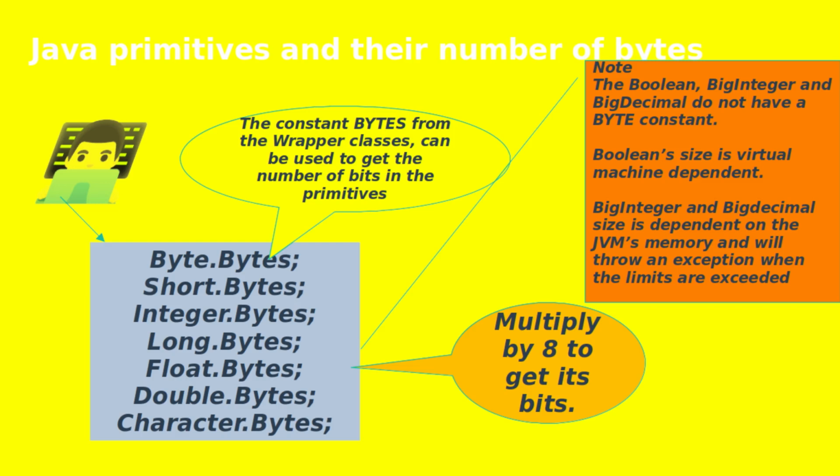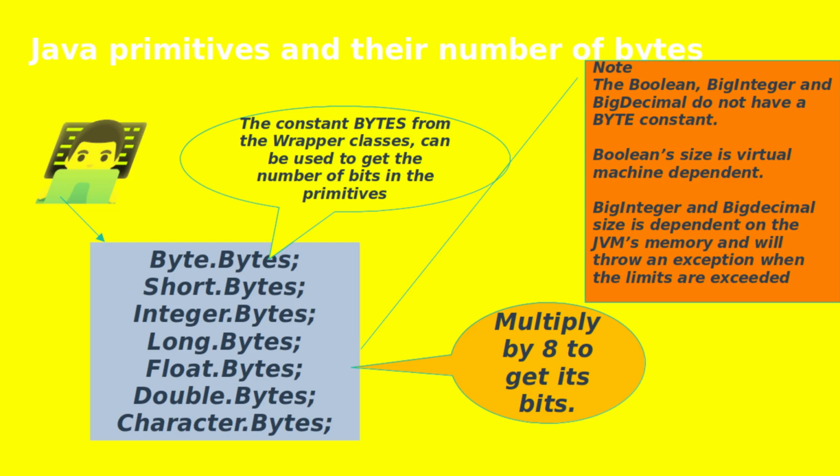There's a constant called BYTES in the wrapper classes that you can use to get the number of bytes in primitives, such as Byte.BYTES, Short.BYTES, and so on. Then you multiply this by 8 to get the bits, because as you know, you've got 8 bits to a byte.